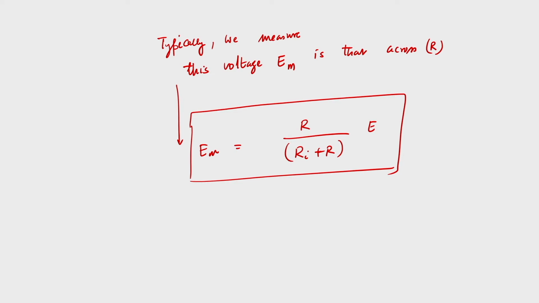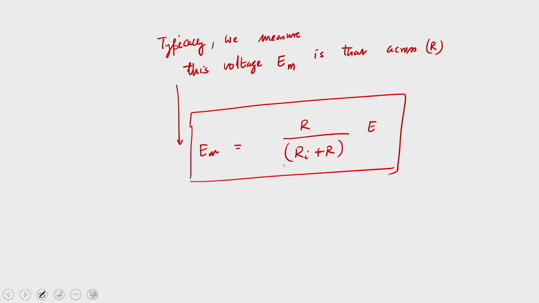Now from this expression, what can I say? Because Ri, the internal resistance of our device, will increase the resistance, that is Ri plus R over here, our measurement will always be less than the actual voltage.